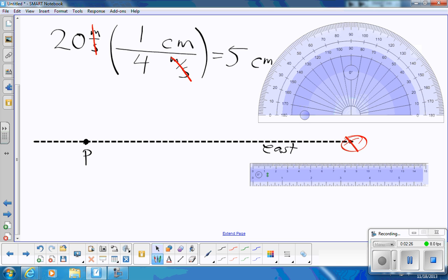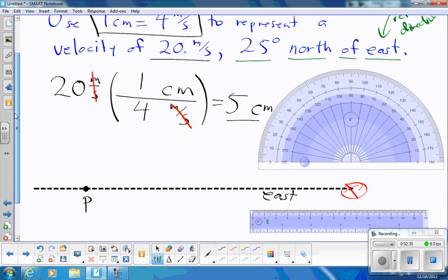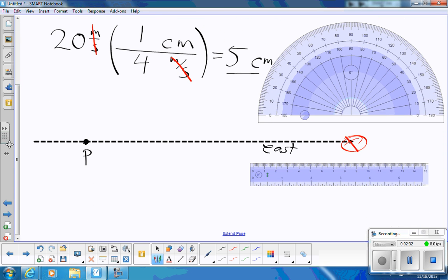Okay, that's my reference direction. And I need a vector that is 5 centimeters in length. I've already done that. And the direction is going to be 25 degrees north of east. All right, where is north of east? Well, if I look at my standard directional weather vane, which was already provided, north of east means I want to take my vector, and I'm going to sketch this first. This is not to scale.